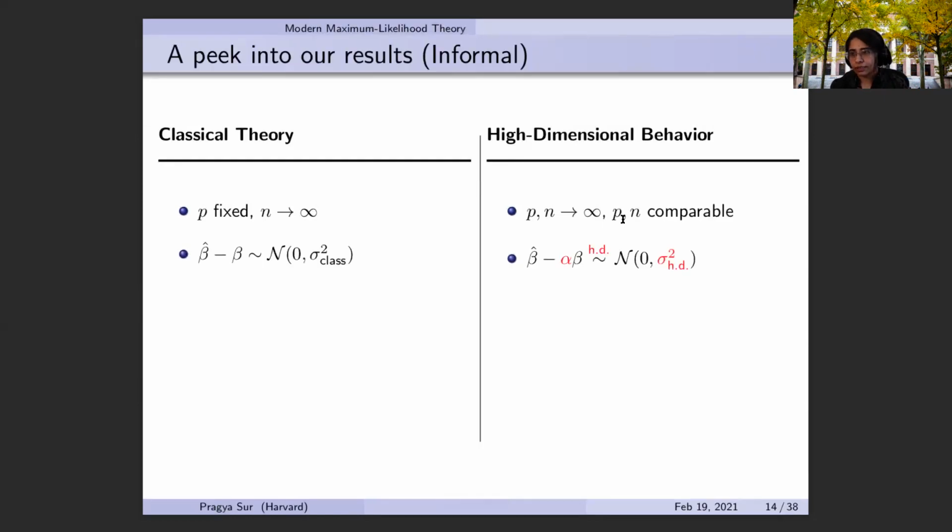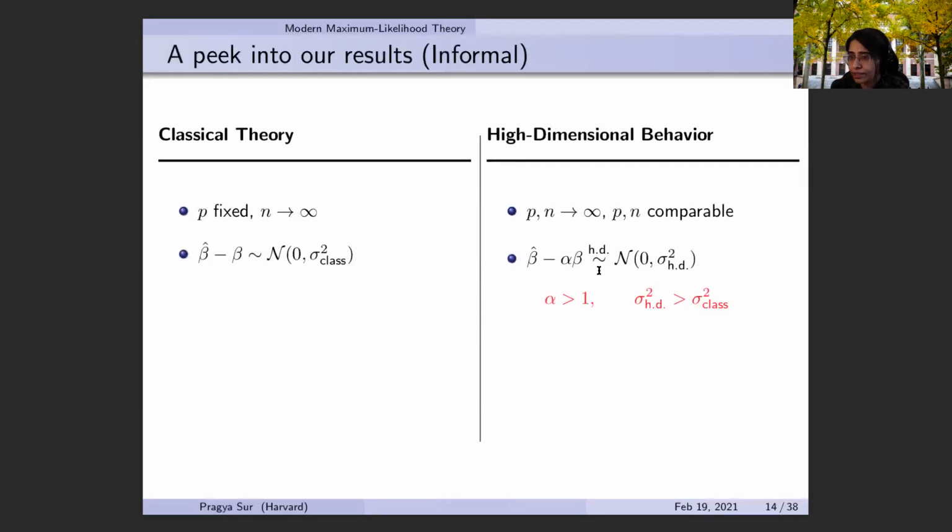So the first result that we have is the following. In this setting, if you look at the maximum likelihood estimate, it is no longer centered around the truth. Instead, it is centered around a multiple of the truth. We are going to characterize what this multiple is. And after this centering, in a specific high dimensional sense, it still converges to a Gaussian with a certain variance.